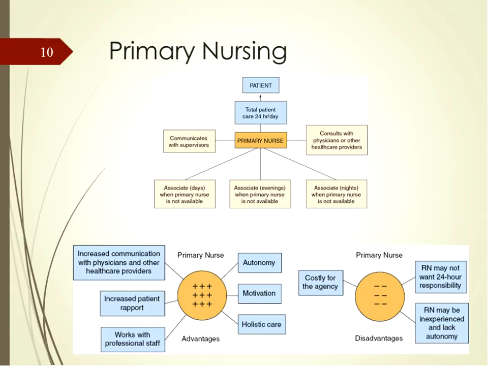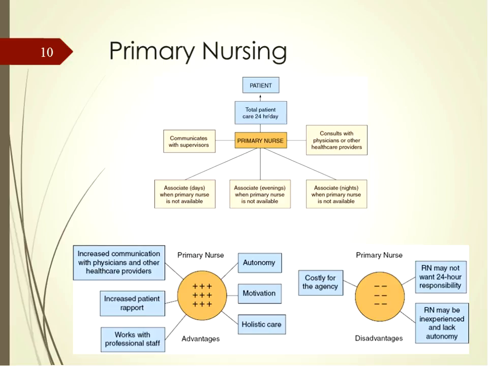Primary nursing is explained in this figure. It too has specific advantages and disadvantages, as you can see from this figure. The advantages are going to be autonomy, motivation, holistic care, increased communication with the health team, increased patient rapport, and working with professional staff.